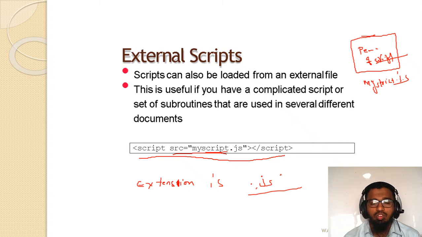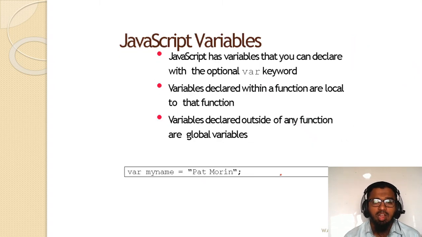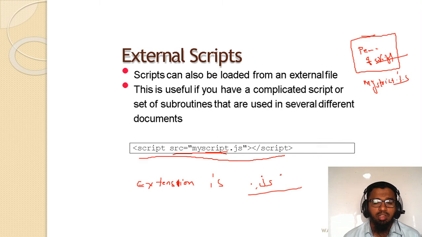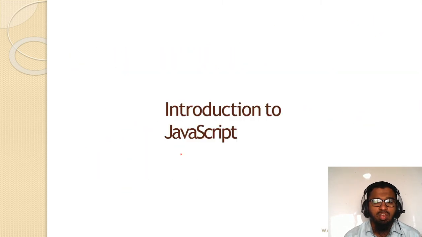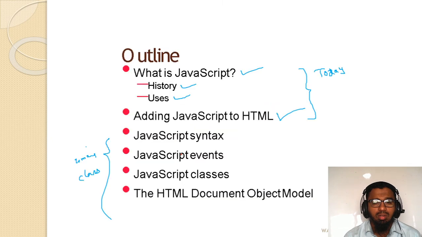So now we will stop here. In the next class we will see variables and all the things. What we finished: what is JavaScript, we saw the history, we saw the uses, and we saw adding JavaScript to HTML.